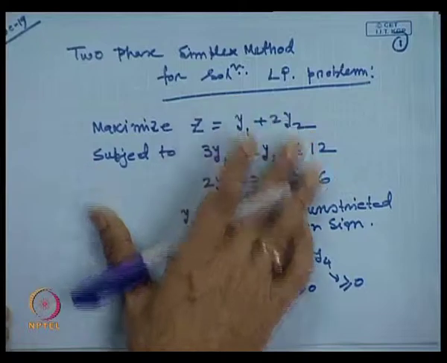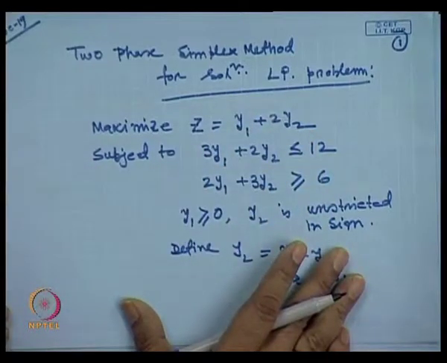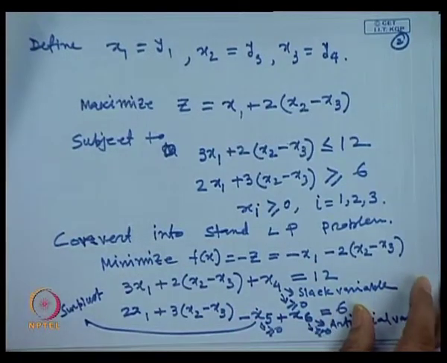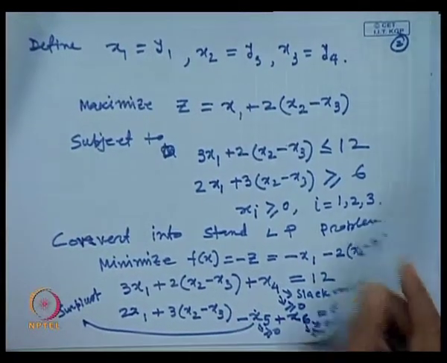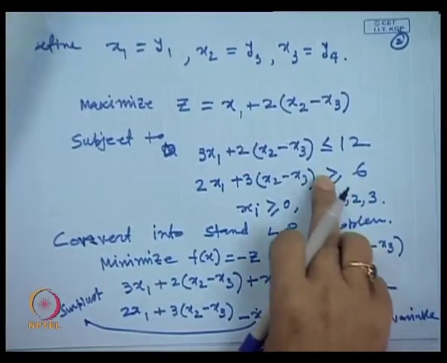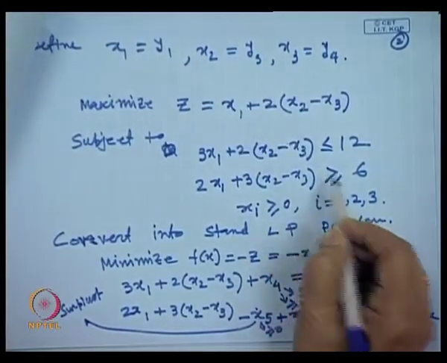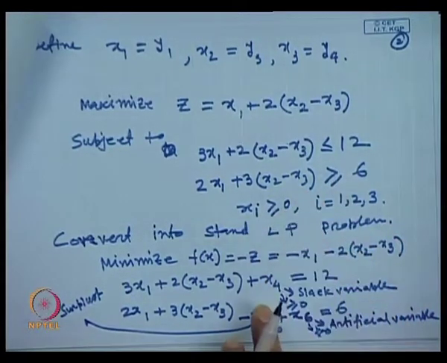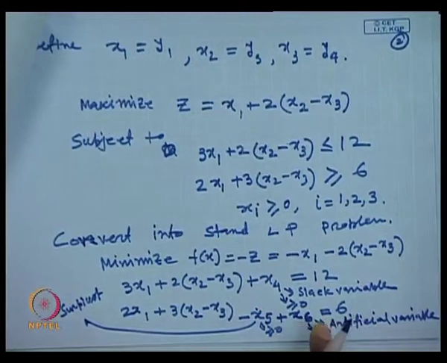But this problem we have to convert into a standard LP problem, which we have seen how to do. After converting, when you get this type of inequality, greater than or equal to, then we have to introduce a variable which is called an artificial variable.